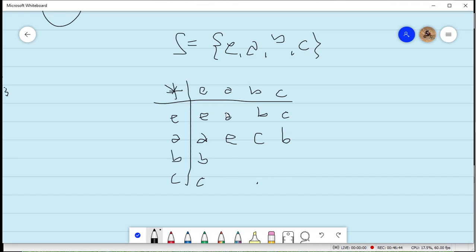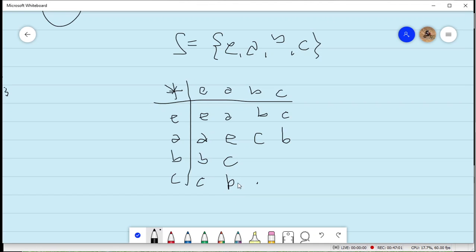Okay, and then, for this column, it already has A and E. So we cannot put B here, otherwise this row cannot contain all elements. So this should be C. That would leave B for this spot.